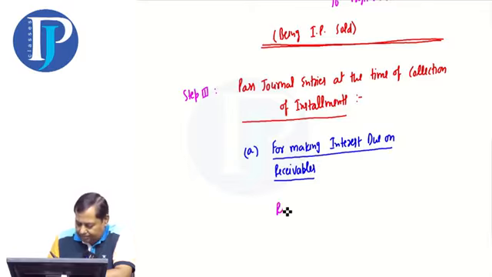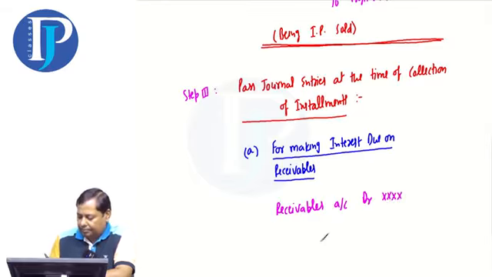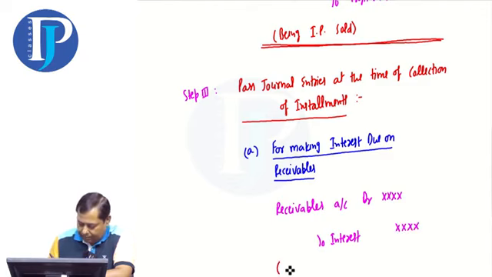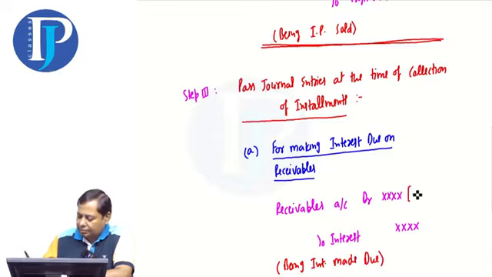Receivables account debit to interest. Being interest made due, balance outstanding at market rate.